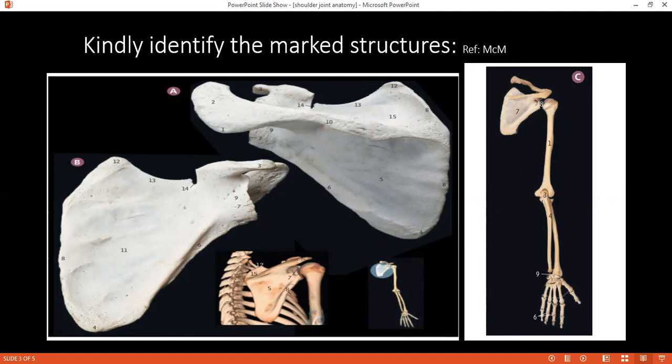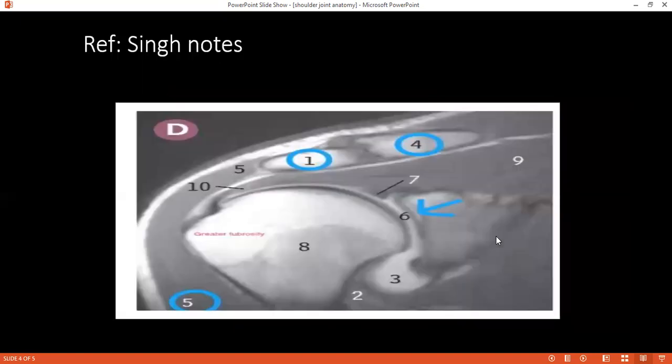Right. Okay, can you please help me and read this image? What are you looking at, please?